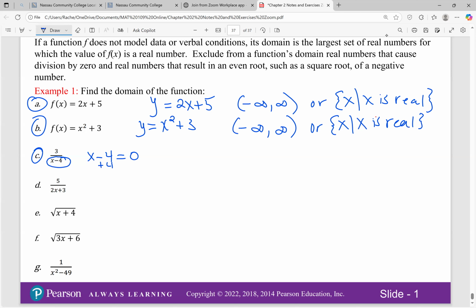If I add 4 to both sides, I'm going to get x is equal to 4. So look, if we go to plug 4 in for x, we're going to get 4 minus 4, which is 0, right? We'd end up with 3 divided by 0, and that's a problem. We can't divide by 0. So x is not allowed to be equal to 4. We have to exclude this value from the domain. Let me just rewrite that.